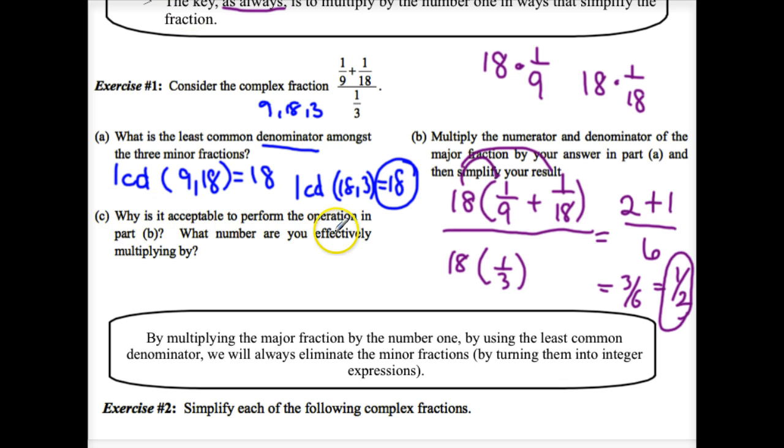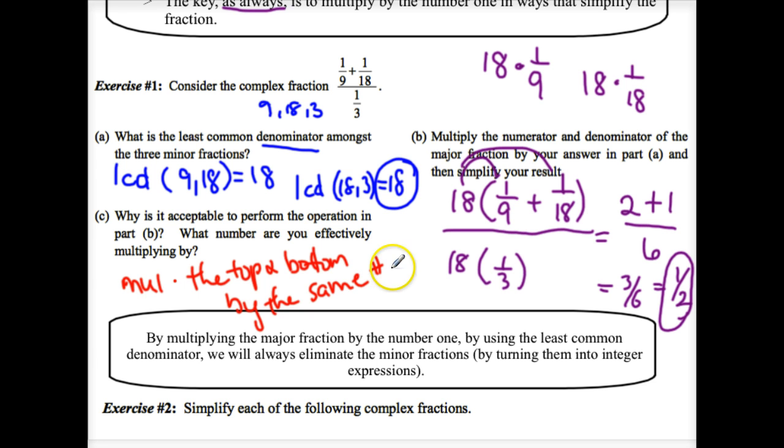Why is this acceptable to perform the operation? Because if I multiply the top and the bottom by the same number, it is like I'm multiplying by 1, because 18 on the top and 18 on the bottom is 18 divided by 18, which is 1.